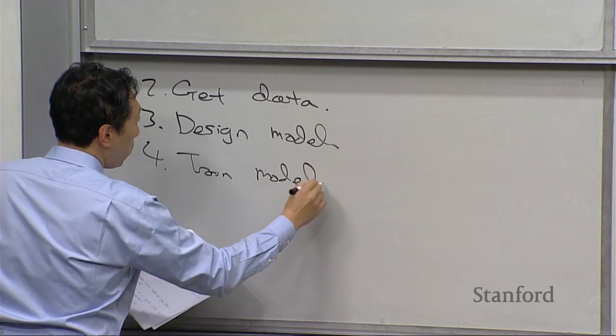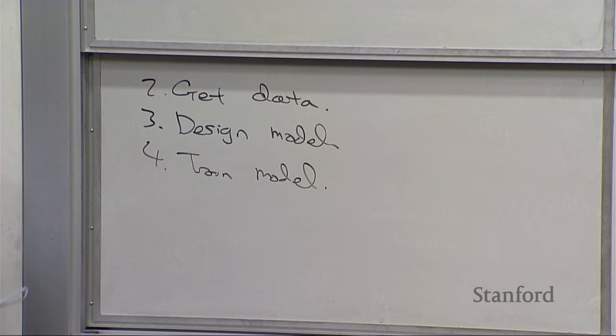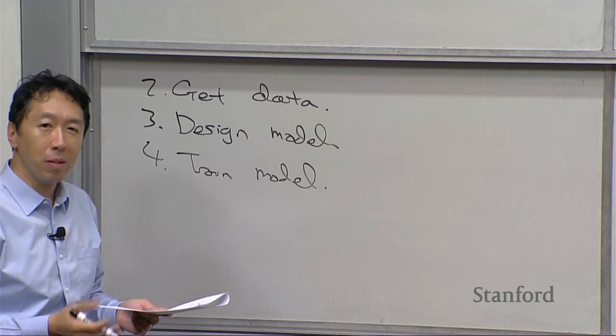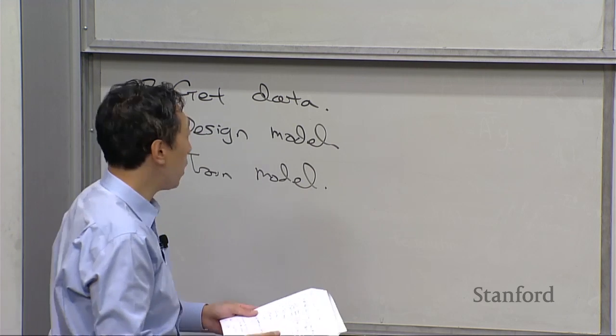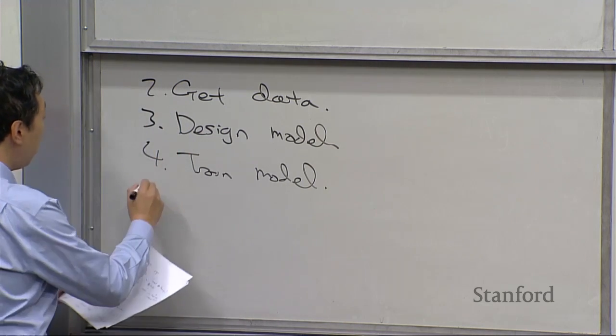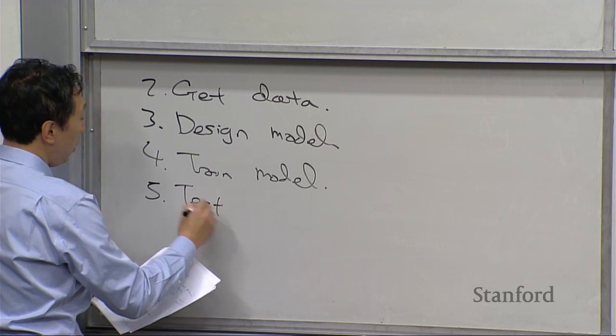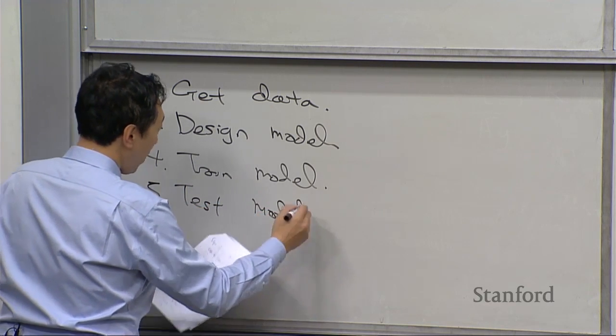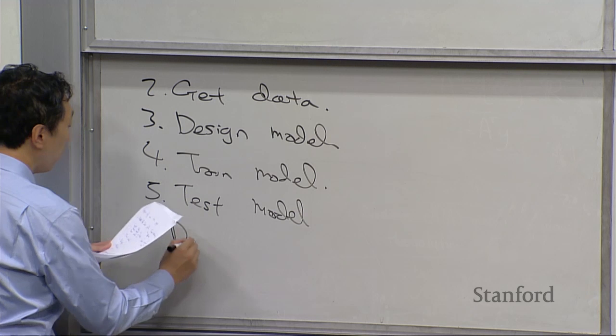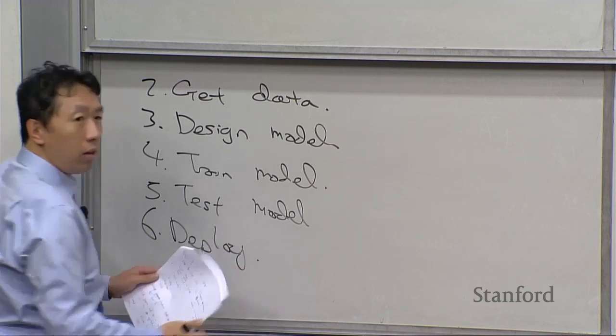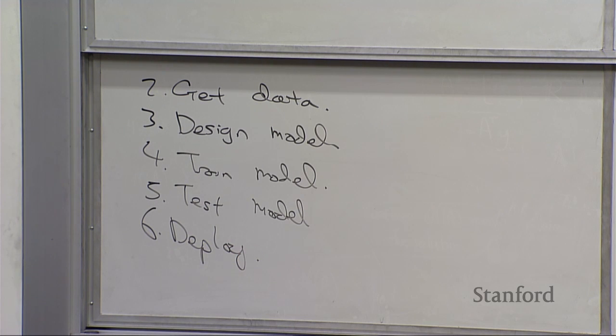Use backprop or some of the other algorithms you learned about, momentum, Adam, various optimization algorithms, gradient descent, to train the model. And then maybe you test it on your test set. And then you deploy it, meaning you start selling these smart speakers and putting them hopefully into your users' homes.